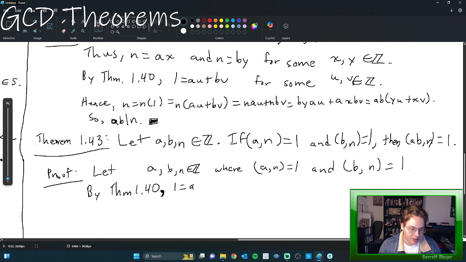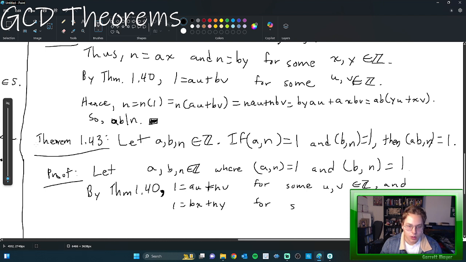So 1 equals AU plus NV for some integers U, V, and 1 equals BX plus NY for some integers X, Y. Okay, so those are those.